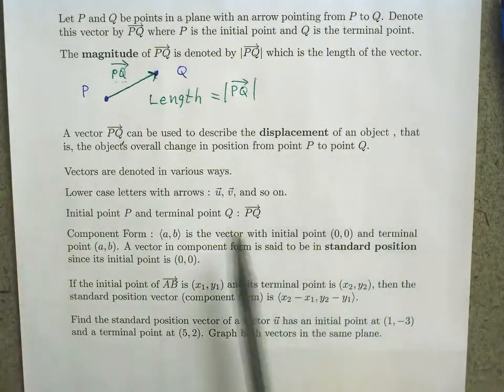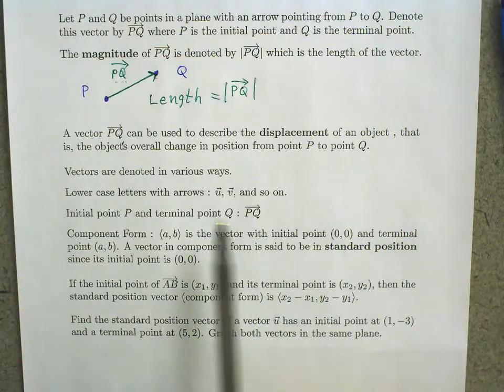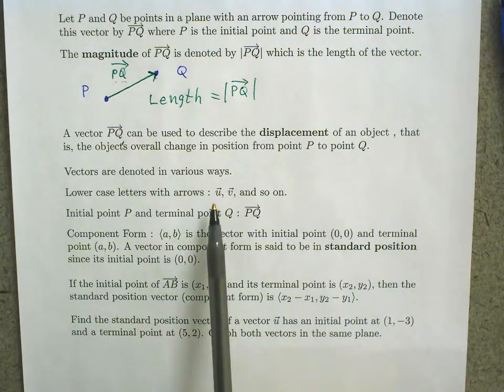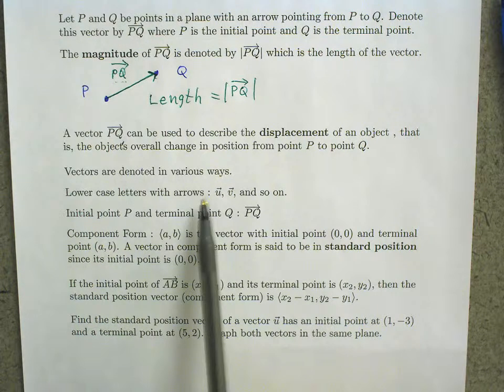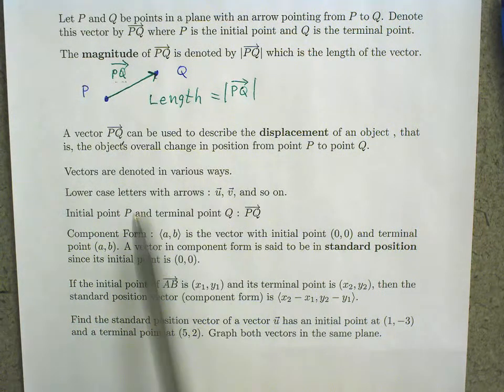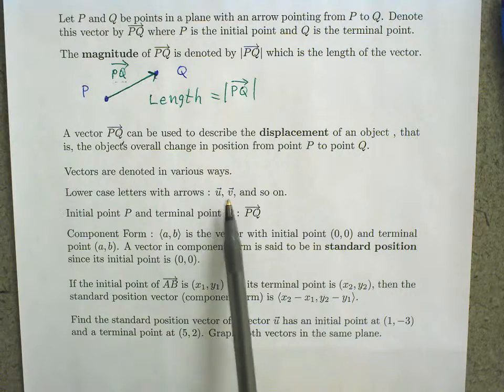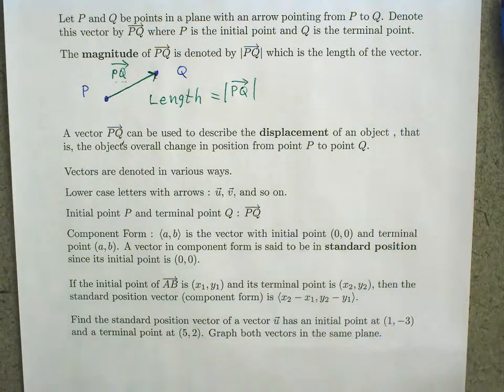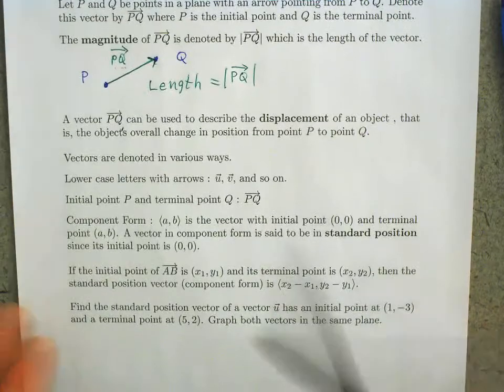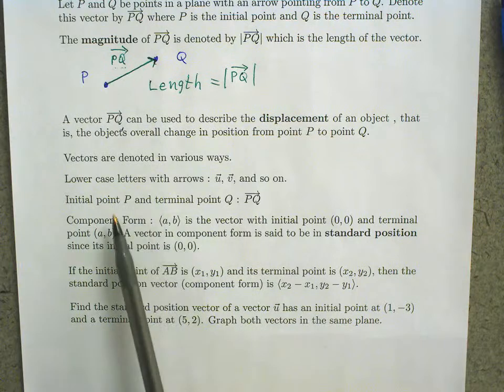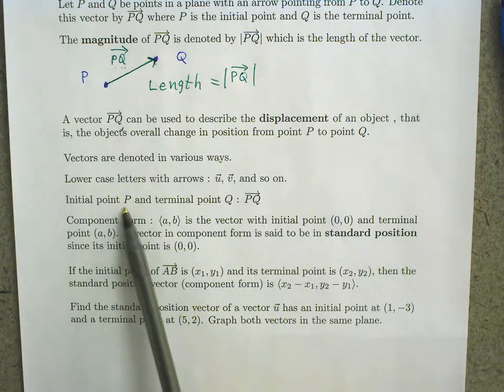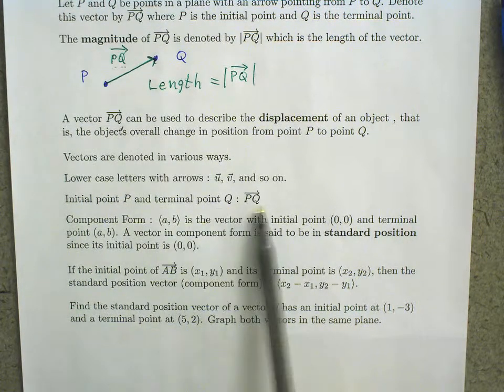The one that I'm going to use mostly, not exclusively, but often, is lowercase letters with a rightward arrow above it. So this represents vector u, vector v, and so on. Another one is, as you've already seen, the initial point P and terminal point Q. So this is the vector PQ.